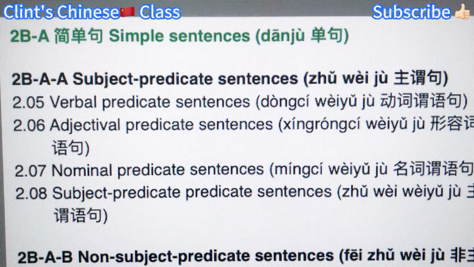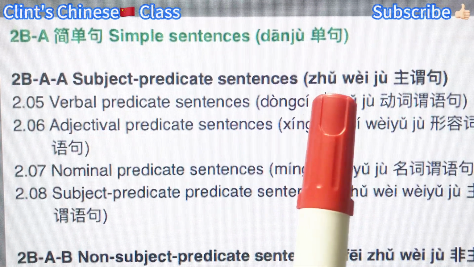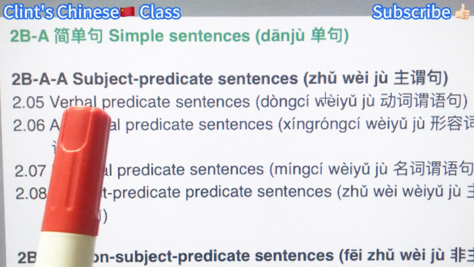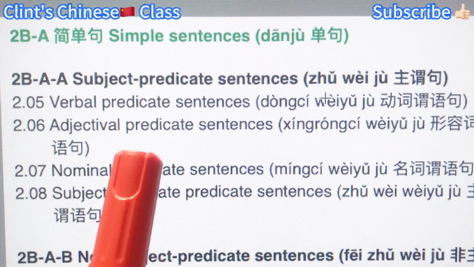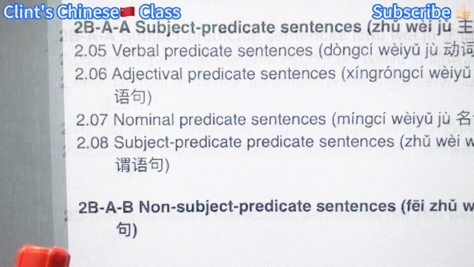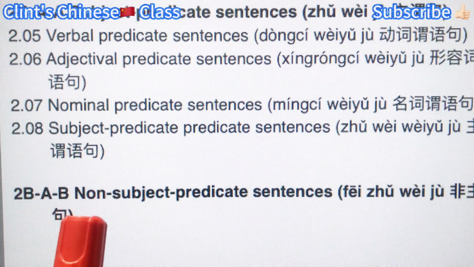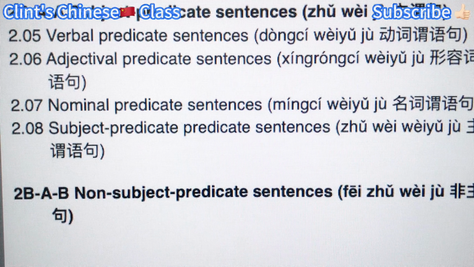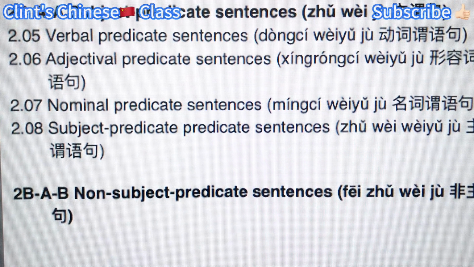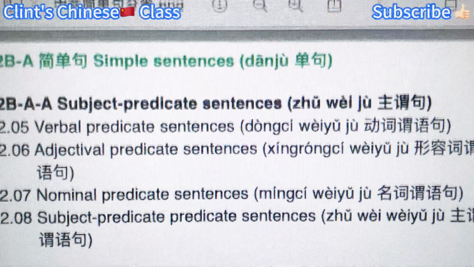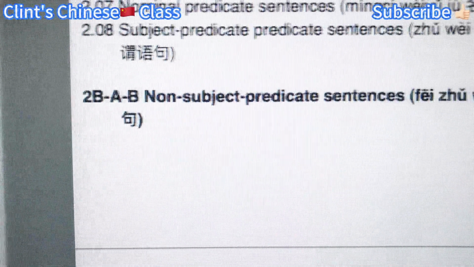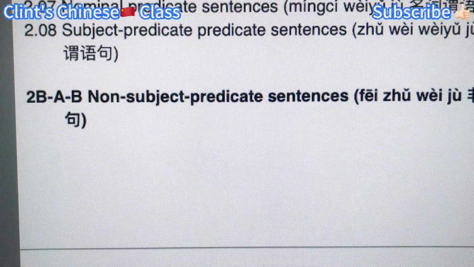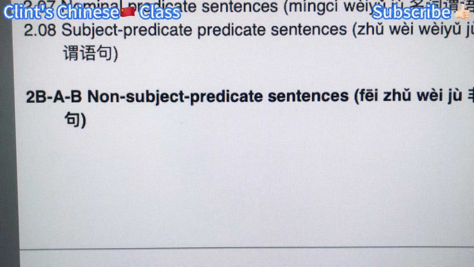The first type is called the subject-predicate sentences, meaning they follow the subject, predicate, and object structure, right? And the second type is the non-subject predicate sentences, meaning they don't follow the subject, predicate, and object structure because they are short, usually for the exclamation, right?